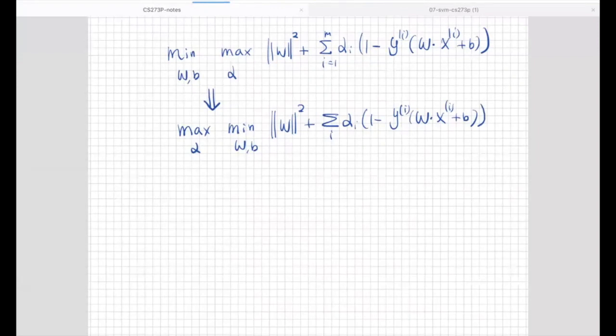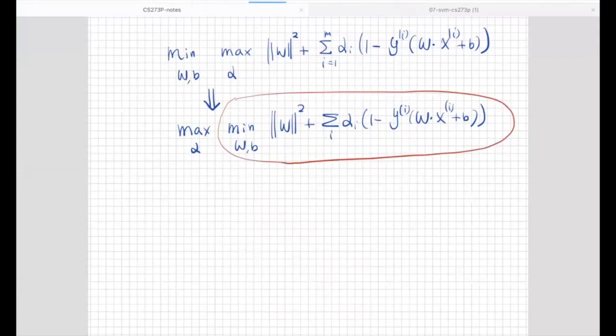All right, so I have a new problem here. Now this problem is interesting because if you look at this side here, it is a minimization with respect to w and b. And if you look at the right-hand side here, it is simply a quadratic function of w and a linear function of b.